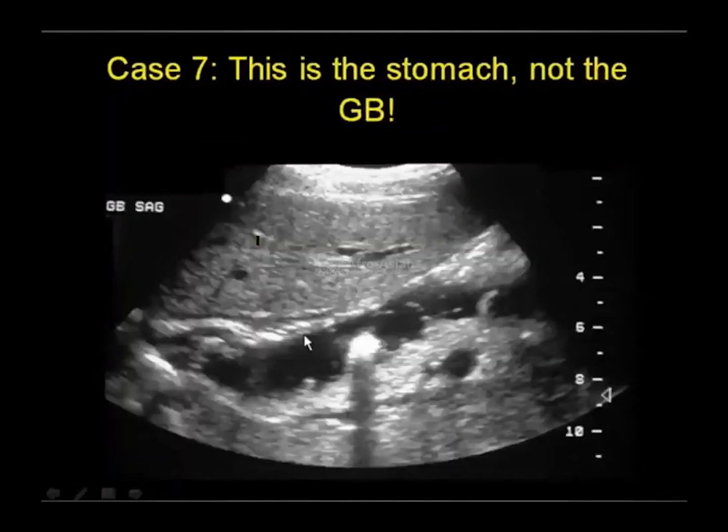That nearby structure was actually the stomach, which was mistakenly diagnosed as gallbladder and labeled as gallbladder having a stone because the patient was having pain. Later on, when the patient was scanned, it was found that you can see the neck of the stomach and the pylorus, and here is the stomach on this side. So it was not a gallbladder.